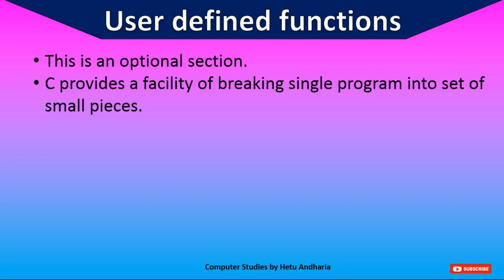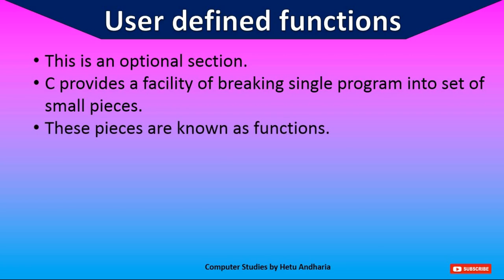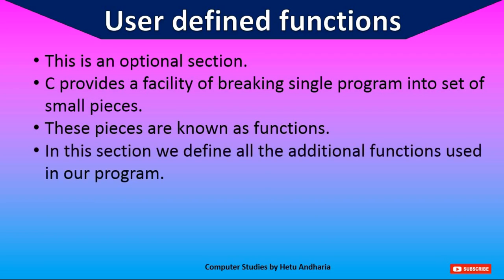This is what is given in the textbook. First I am reading that, then I will explain you actually what it is. These pieces are known as functions. In this section we can define all the additional functions used in our program. Fine, very good explanation they have given, hardly you can understand anything.